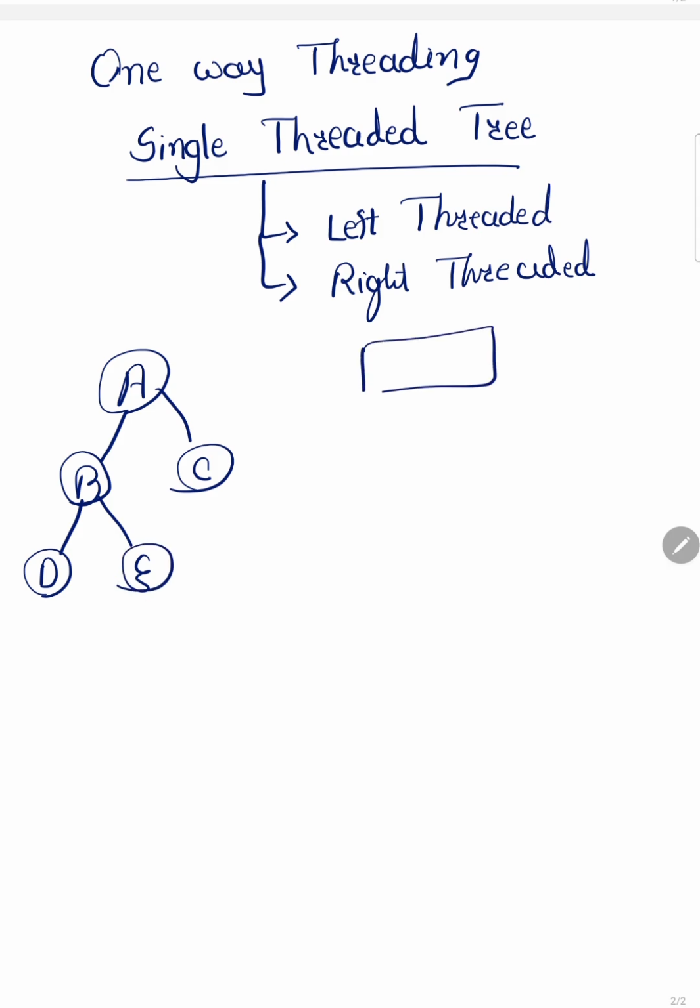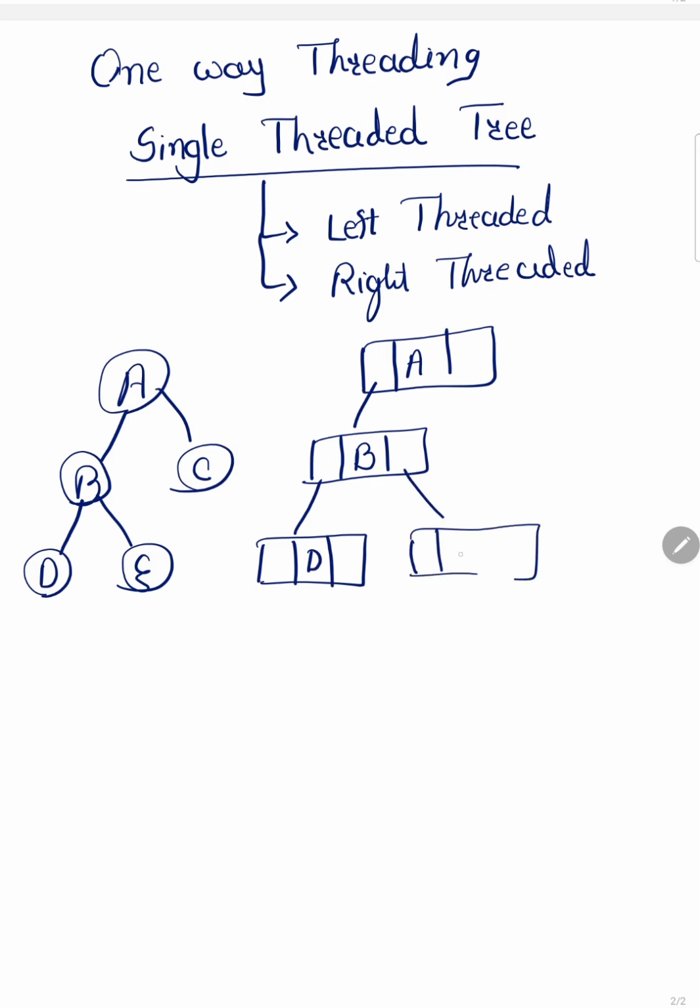So this is A, here we have B, then D, then E. And here we have C. So these are null over here.